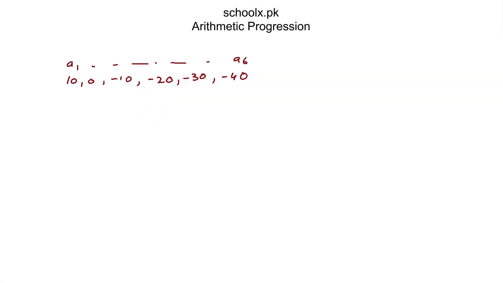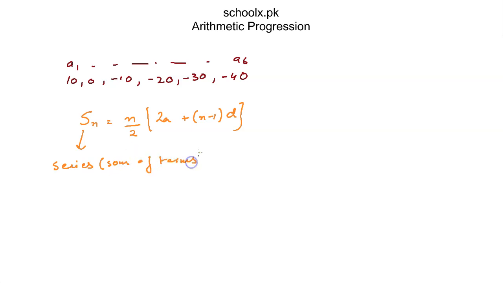So for finding the series of an arithmetic sequence, you have two formulas which are given in your formula sheet. First one is Sn equals n by 2 times 2a plus n minus 1 into D. Now this Sn stands for series or sum of terms of the sequence up till nth term, right?